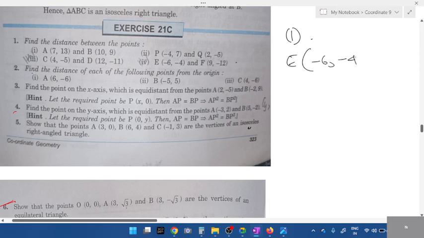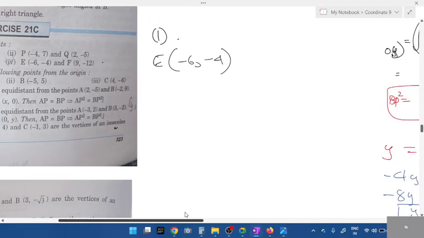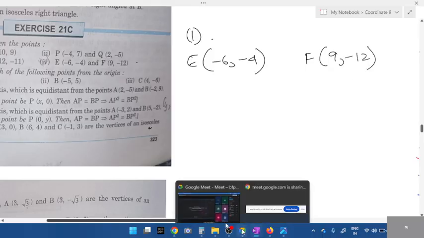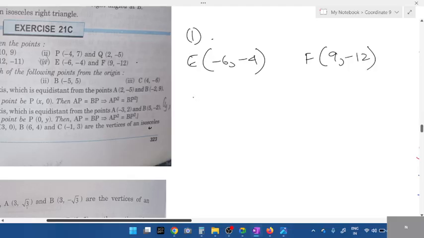-6, -4. Yeah, Anya, Delisha, tell me the formula, students. What is the distance formula? Not AB. You shouldn't take AB for everything. We are finding the distance between which one? E and? Yes, E and F. What's the formula? Square root of?